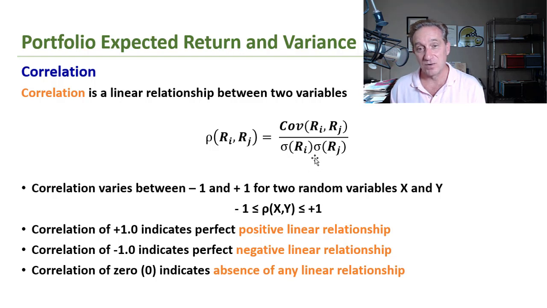And in doing that, we've done at least two things. We've standardized this into a value that lies between -1 and +1. And we've also, by the way, in doing that, made it unitless. And so then we get the correlation. And the advantage of this, of course, is that it's very easy to interpret.